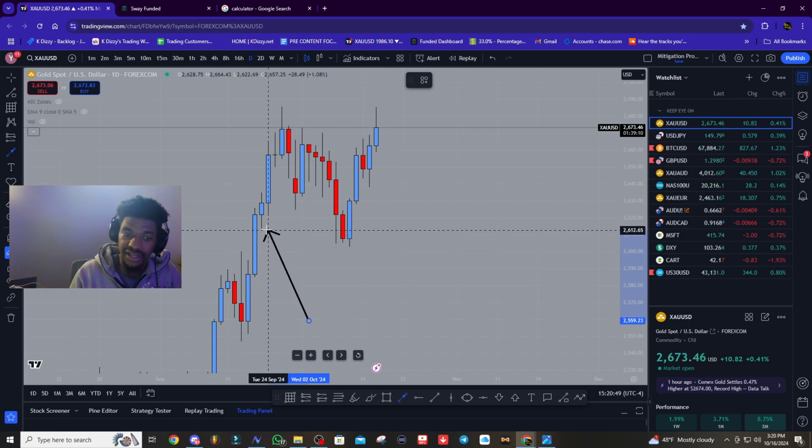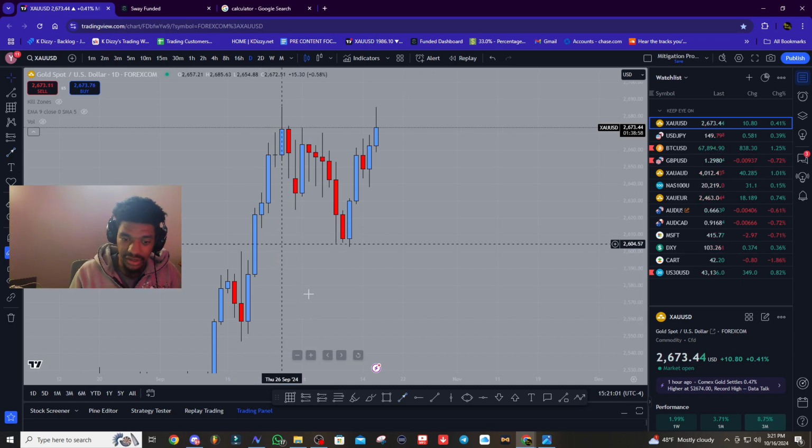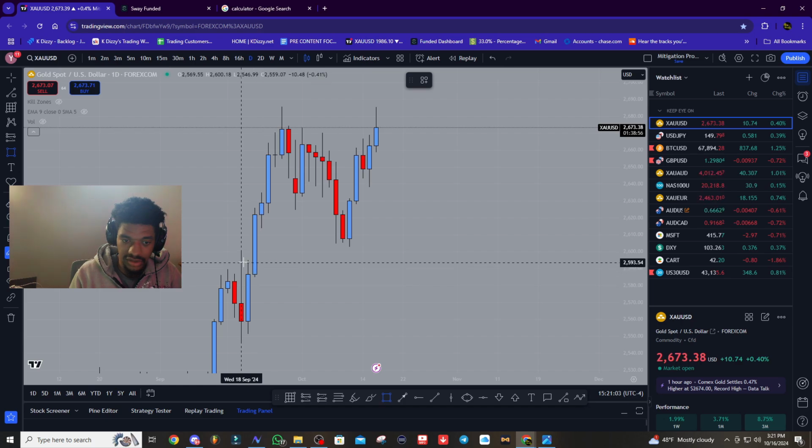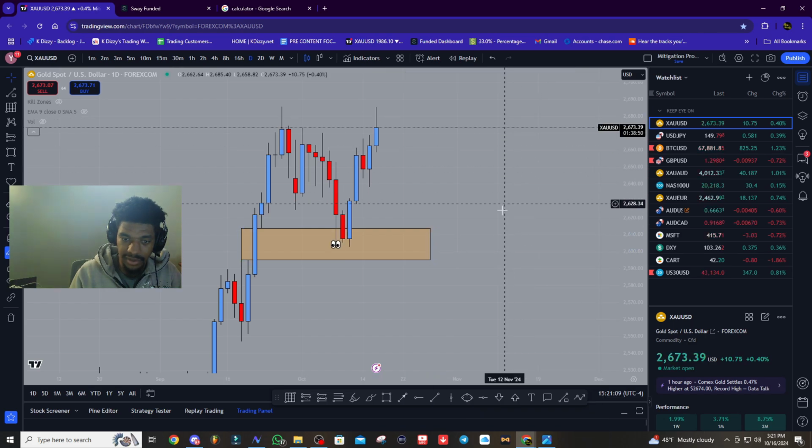If you've seen the module, we were looking for imbalances, but now on the pair that I actually want to mark up and trade, I see an imbalance right here. Let's mark it up so I can show you guys if you don't see it. Boom, right? Put my little eyeballs there.